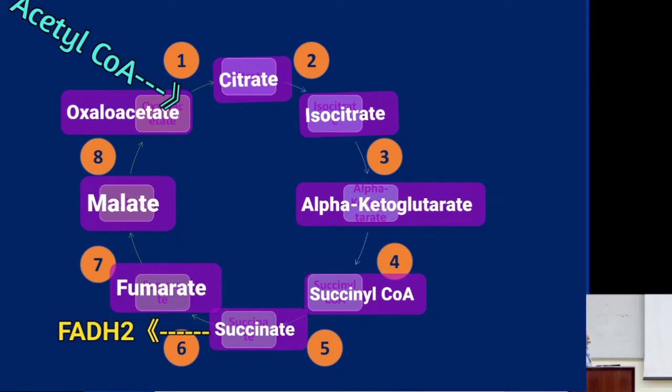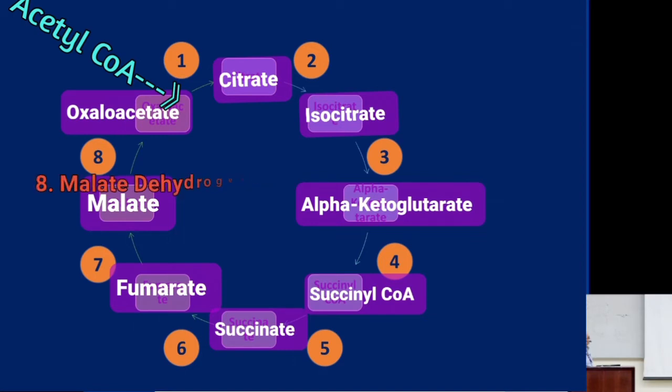Fumarate then is converted to malate by an enzyme called fumarase. It's just a hydration reaction, and then malate is oxidized by malate dehydrogenase. That's the last step in the cycle.